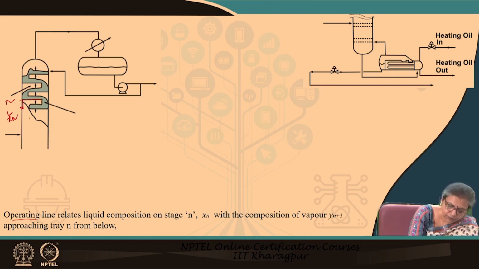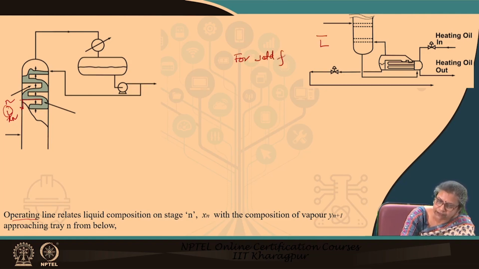The liquid molar flow rate in the stripping section of the column is also equal. In the enrichment section it is denoted by L, and in the bottom section it is denoted by L bar. For a saturated feed, it is quite evident that L bar equals L plus F.